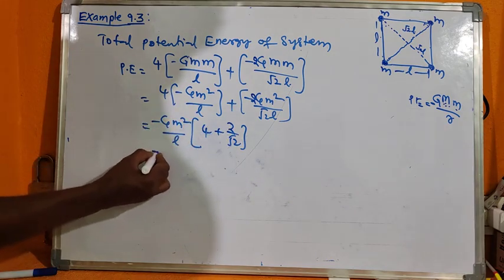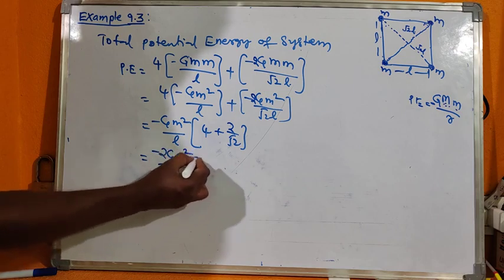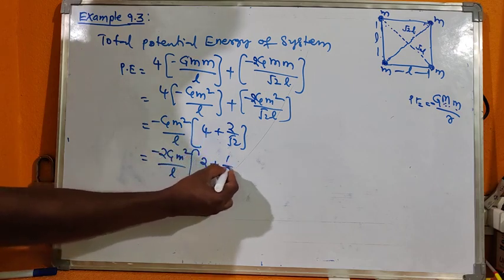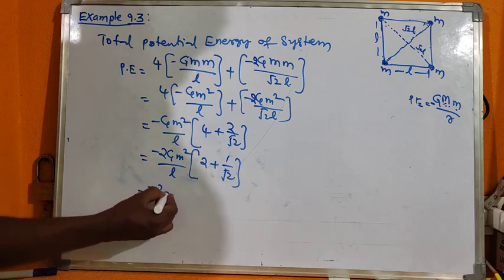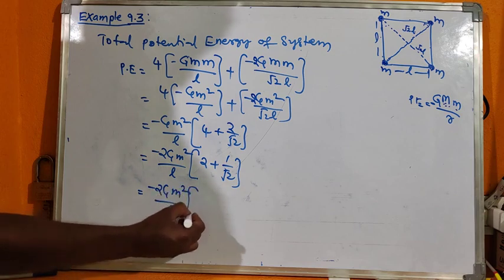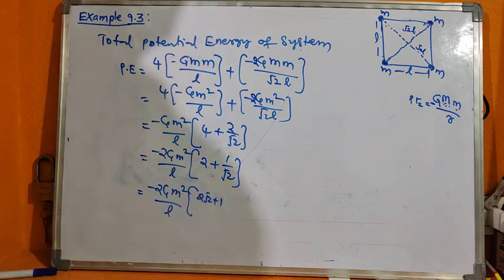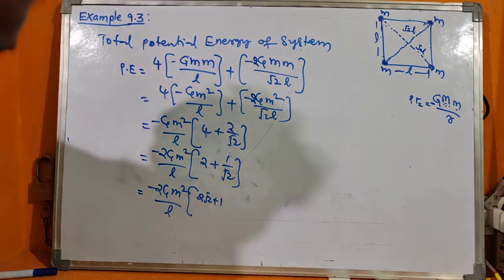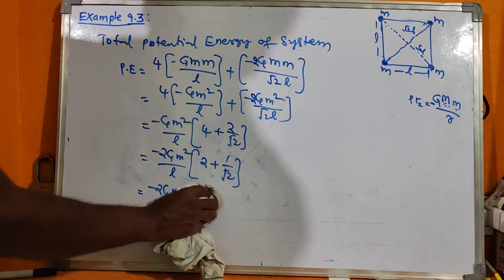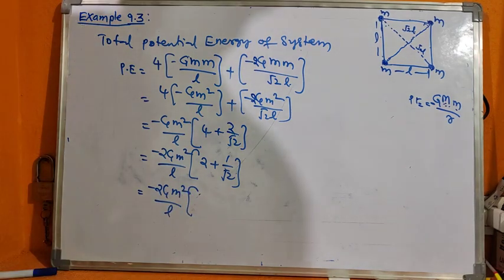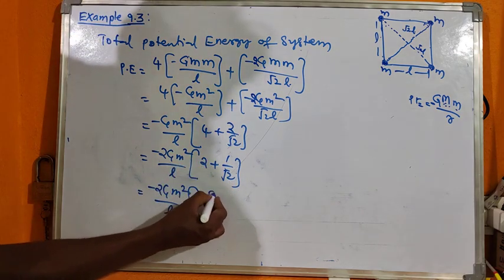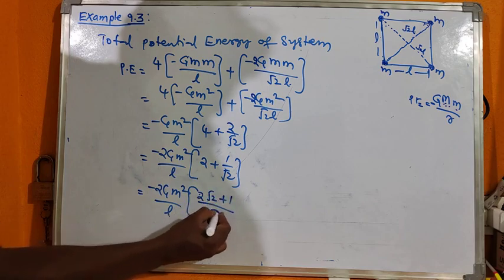From that 2 also we are taking common, minus 2Gm square by L, and this is equal to 2 plus 1 by root 2, which is equal to 2 root 2 plus 1 by root 2.